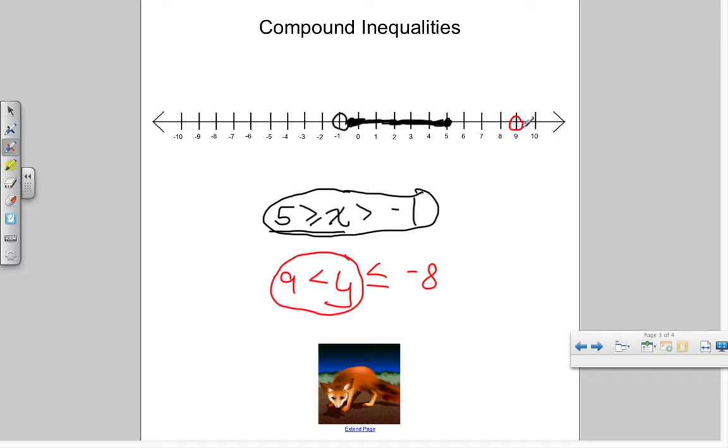It's an open circle, and y is bigger than it, so it goes this direction. Now I look at this part, y is less than or equal to -8. I find -8, it's going to be a filled in circle, and y is smaller than or equal to -8, so I move this way. So the red shows this compound inequality.